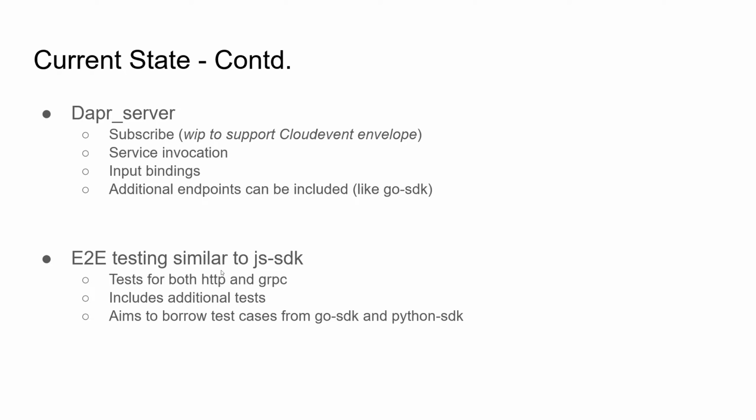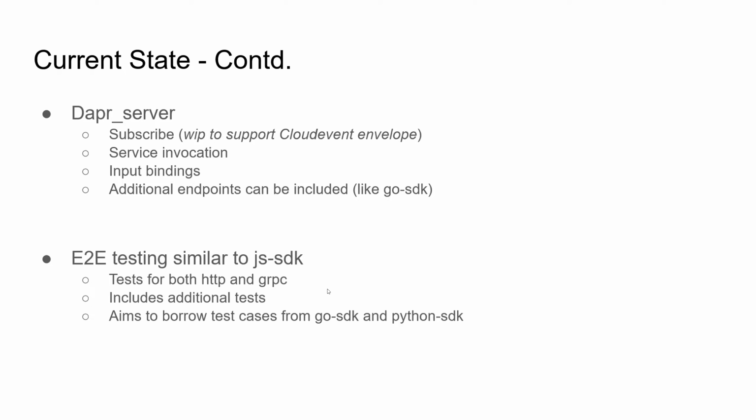Currently, it also provides ways to add additional endpoints, like HTTP endpoints if you want. In the case of HTTP servers, you can add additional endpoints, just like the implementation I saw in Go, so I adopted that into this one.